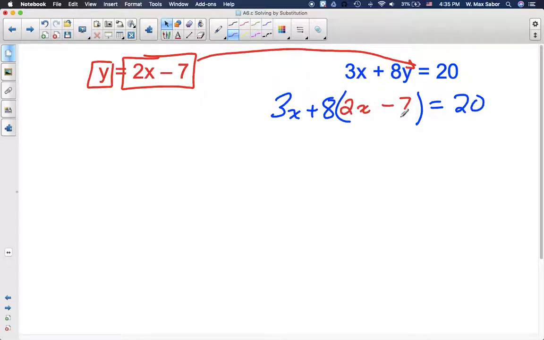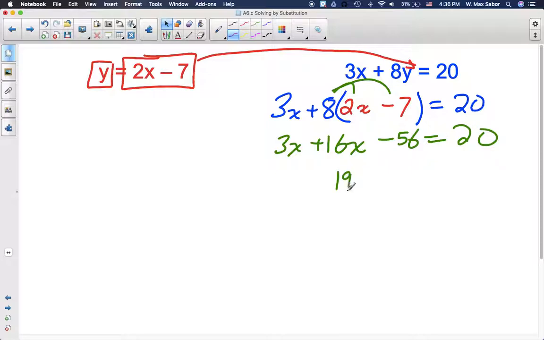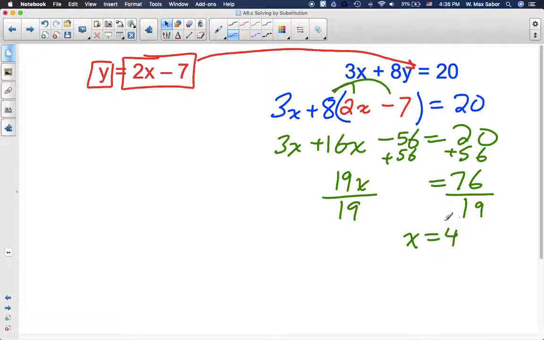So 2x minus 7 replaces y. Now we're on step 3. We solve the equation. 3x plus 16x minus 56 equals 20. So 19x, add 56 to both sides to get 76, divide by 19 to get x equals 4.